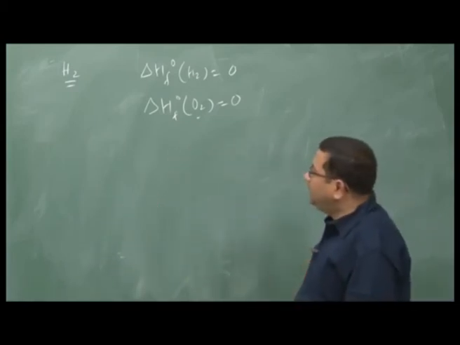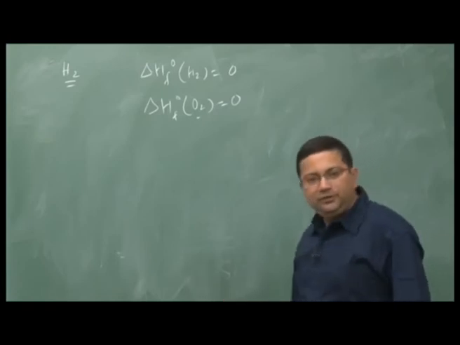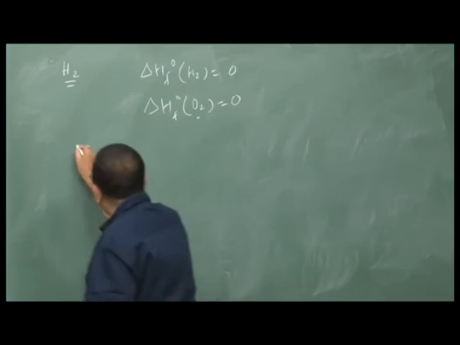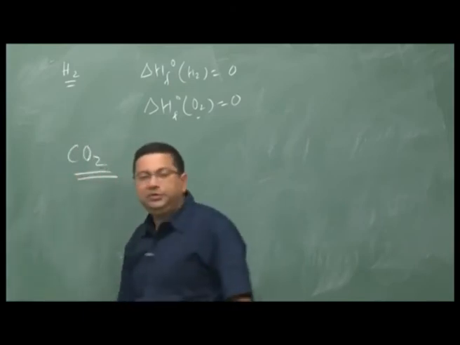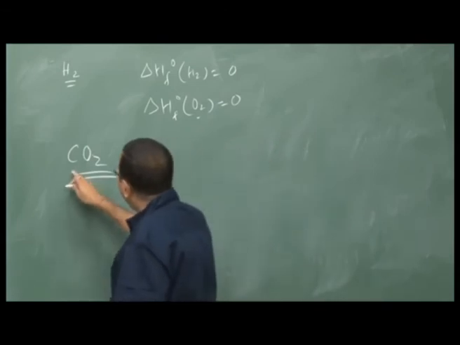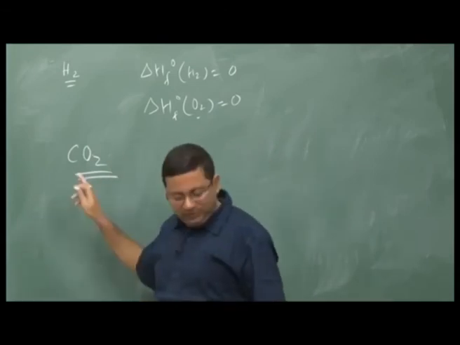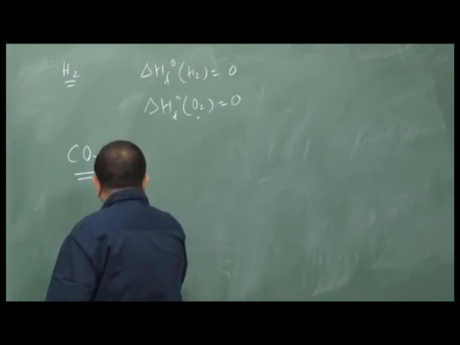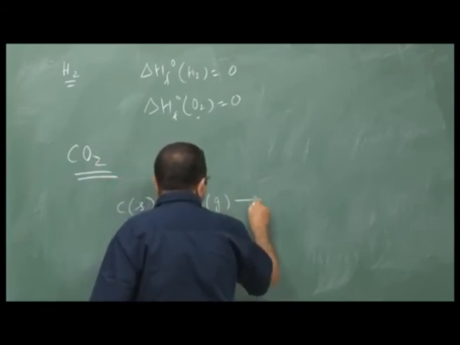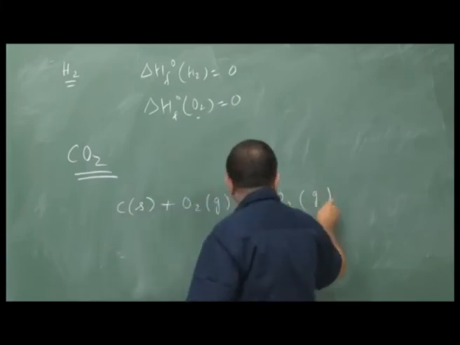Let us now look at how do we estimate heat of formation for a little complex molecule, not very complex. Let us look at carbon dioxide. What is the heat of formation of carbon dioxide? So, carbon dioxide, what are the elements here? Carbon and oxygen. So, carbon dioxide can be formed through this reaction, right.